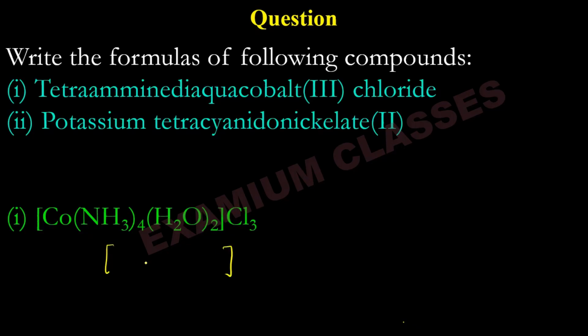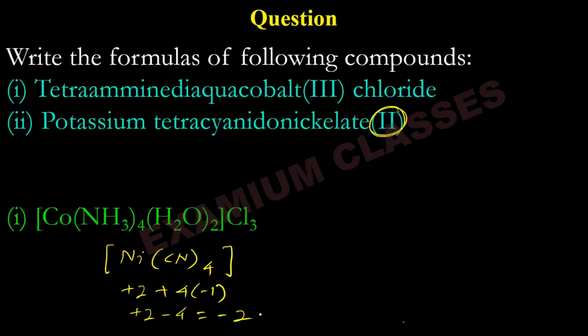Tetracyanidonickelate means Ni and cyanido, (CN)4. Now it is given nickel is in +2 oxidation state and we know that cyanide has -1 oxidation state. It means total here will be +2 minus 4 equals -2. So 2 minus charge will be there.